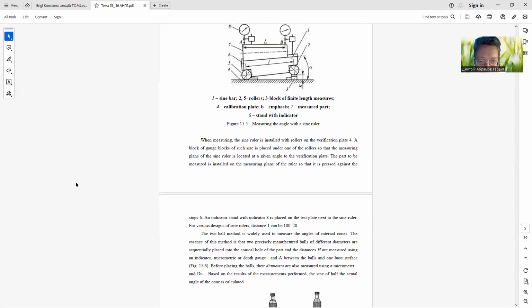When measuring, the sine ruler is installed with rollers on the verification plate 4. You can see this plate, verification plate 4. A block of gauge blocks of such size is placed under one of the rollers.